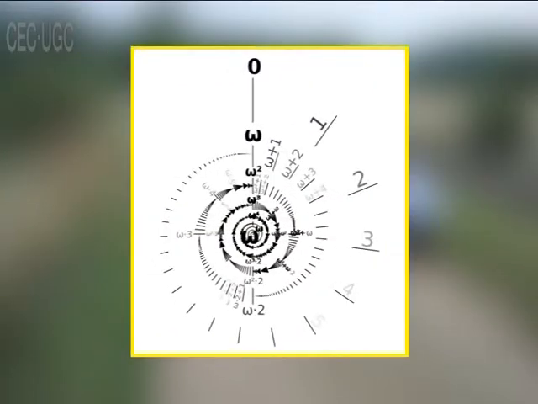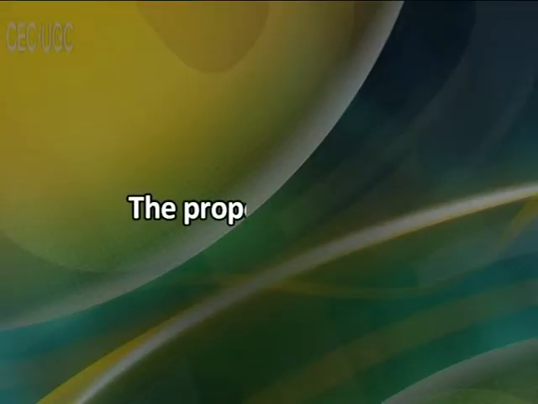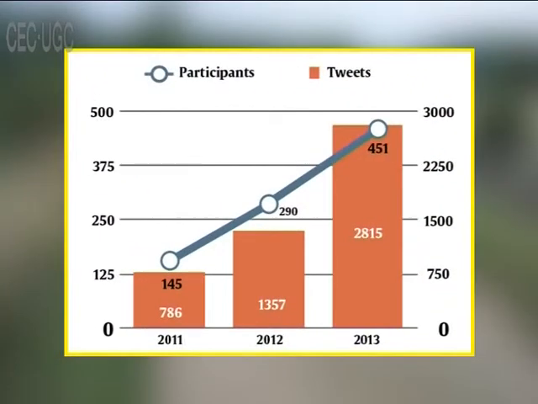A number has identity. Every number is unique and no other number is exactly the same. Second, the property of order. In the number system, numbers have their order or rank, that is, one number being greater than another.